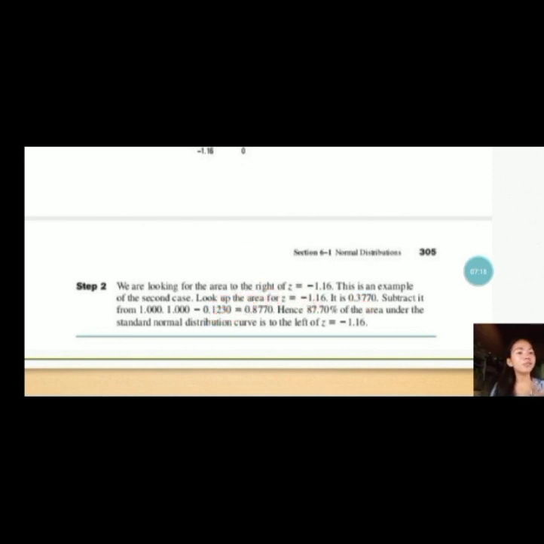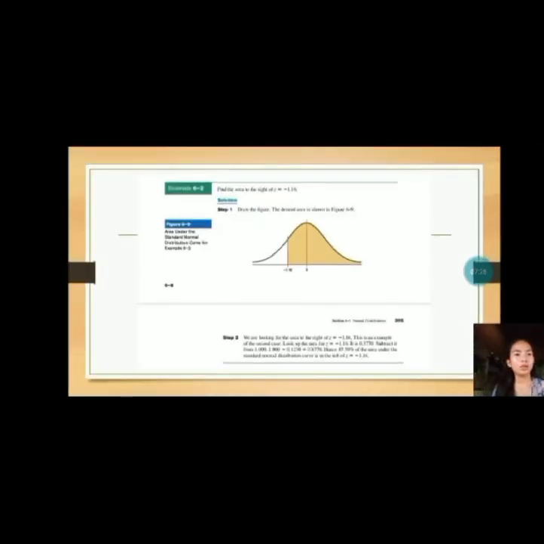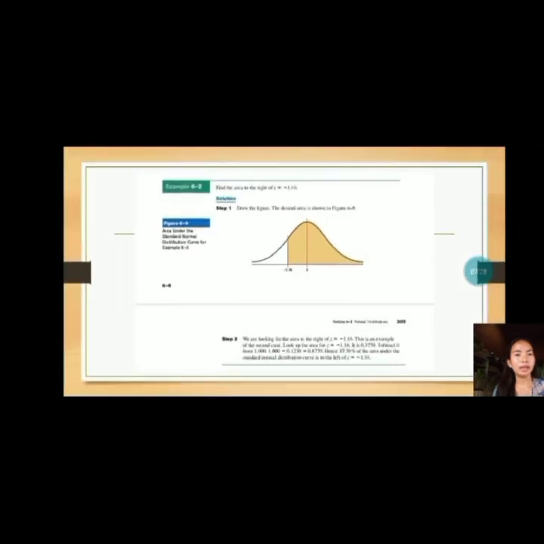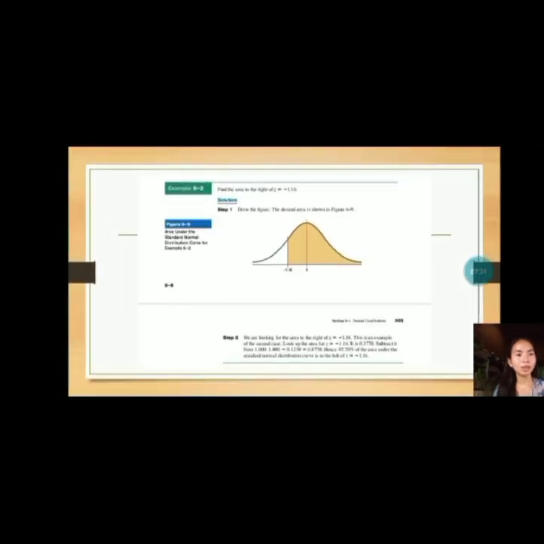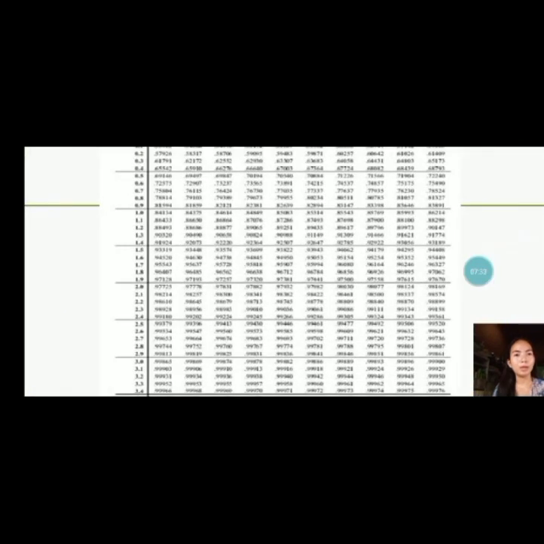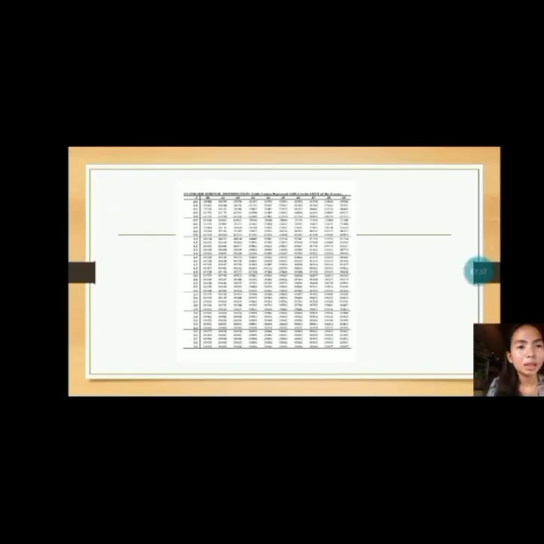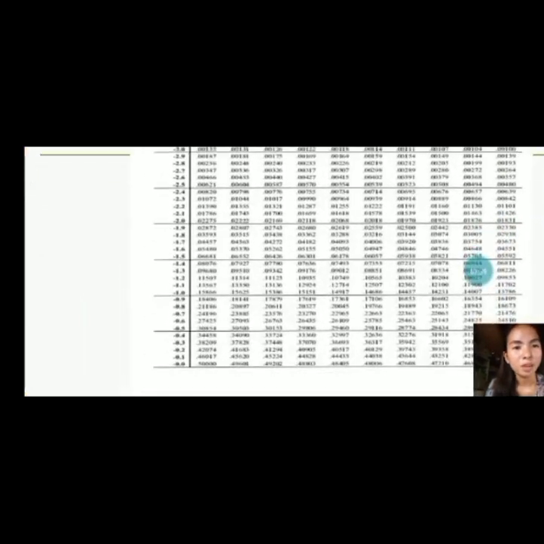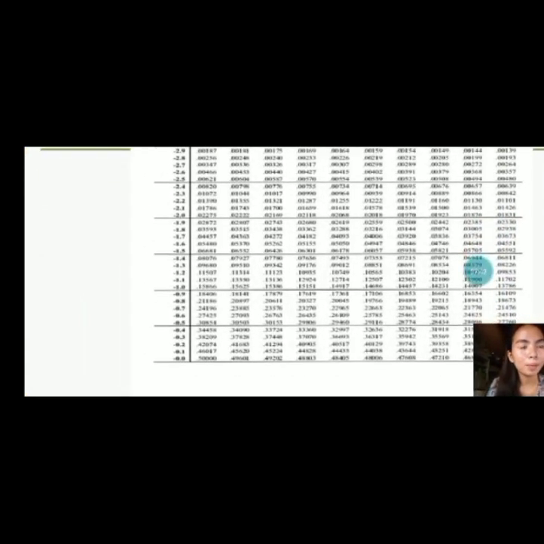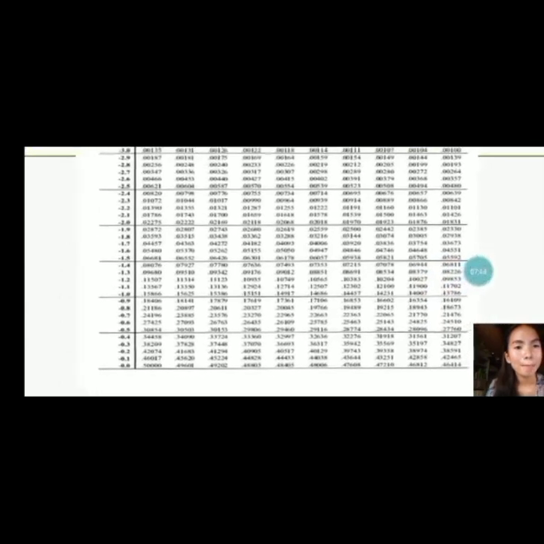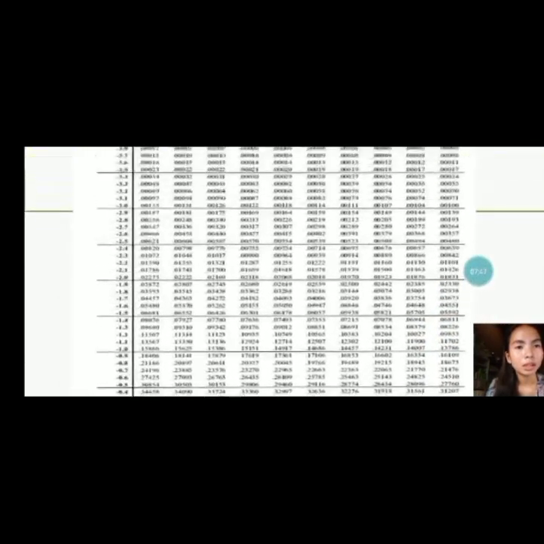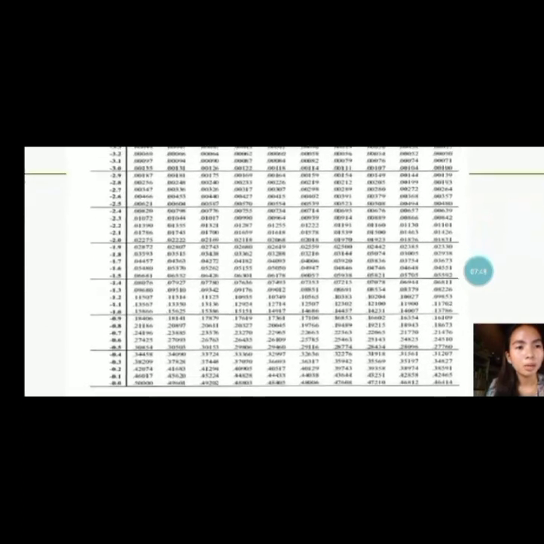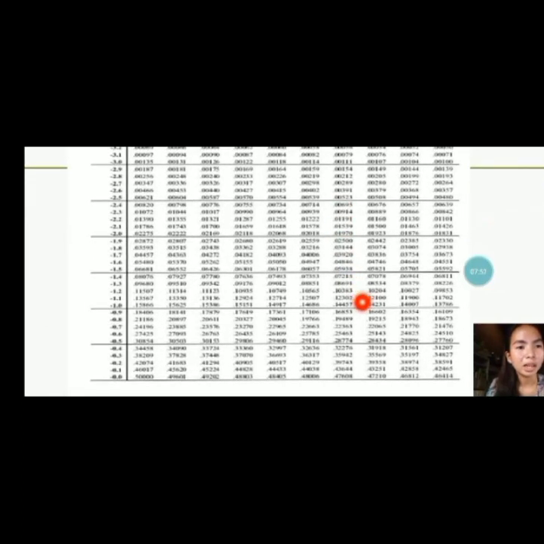Ang 1230 is equivalent sa 1.1 nga left side and then 0.06 sa top. Like this. 1.1, negative man to, guys, negative. 1.1 and then 0.06. 1230.